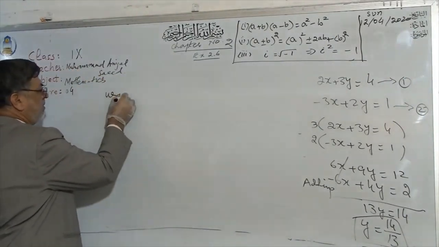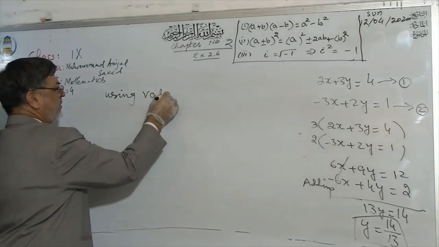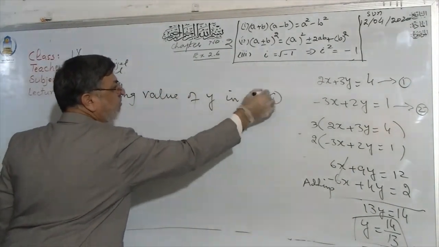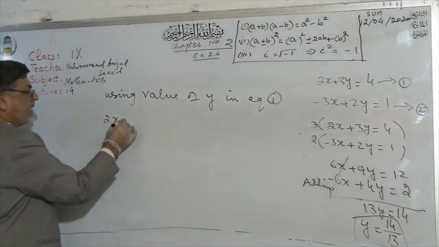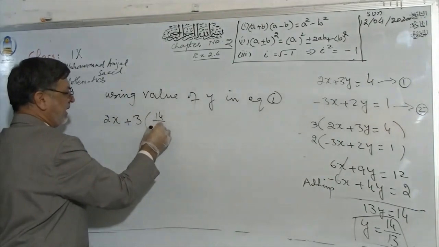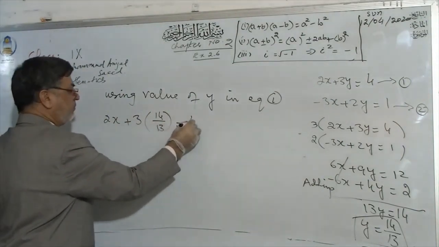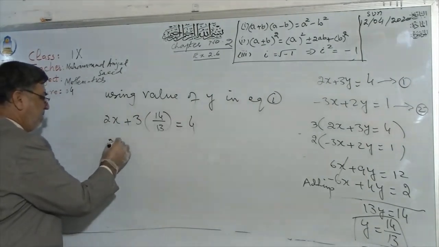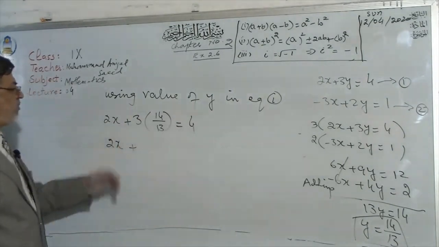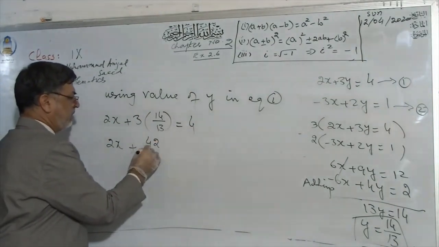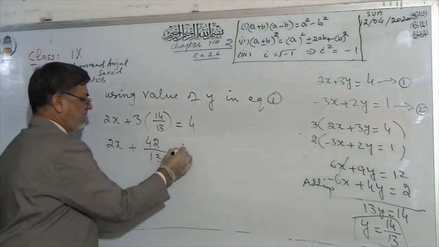Using the value of y in equation number 1: 2x plus 3 into 14 over 13 is equal to 4. 2x plus 14 into 3, what will be 42 over 13, is equal to 4.